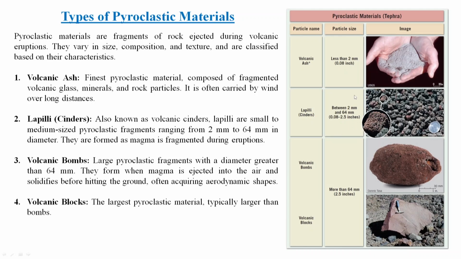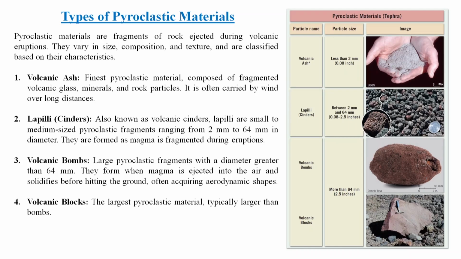They are referred to as pyroclastic because, if I look at the terminology, pyro means born out of fire, and clastic, like we have discussed in clastic sedimentary rocks, means transported from one place to another. Here in terms of a volcano, these pyroclastic materials are transported from the vent of a volcano to somewhere farther away from the vent.